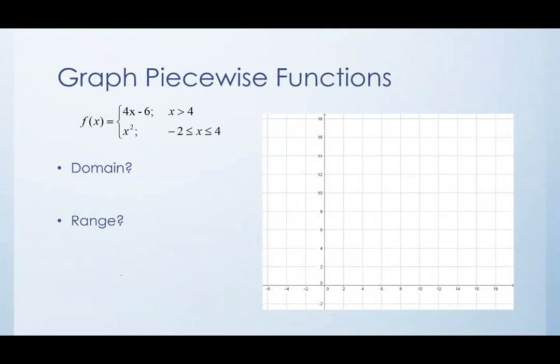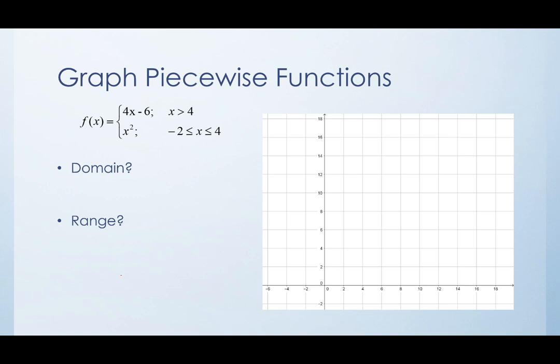So here we've got another one. We've got for x greater than 4, we're using the function 4x minus 6. And for x between -2 and 4 inclusive, we've got the graph of x squared. The graph doesn't exist for any x values less than -2.